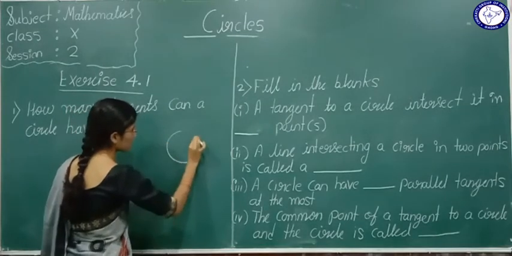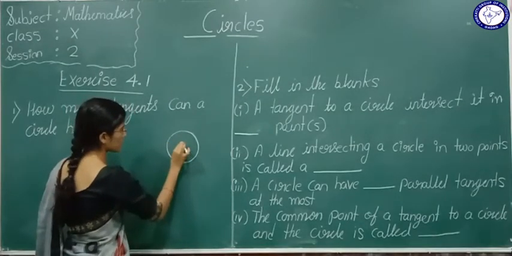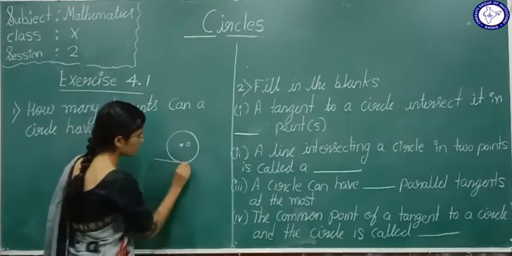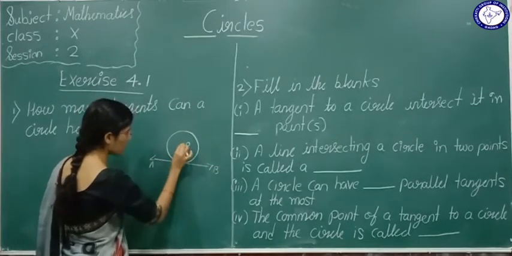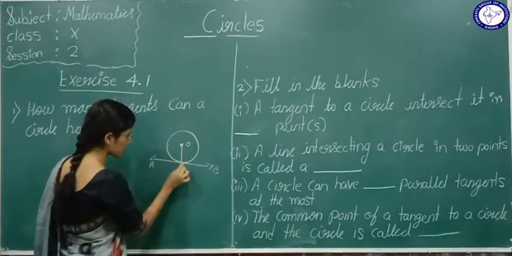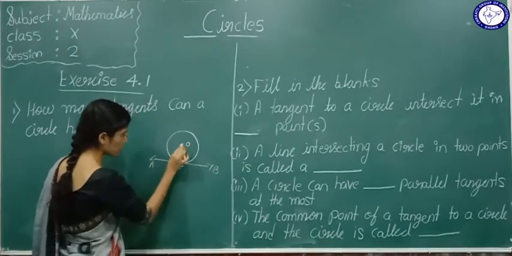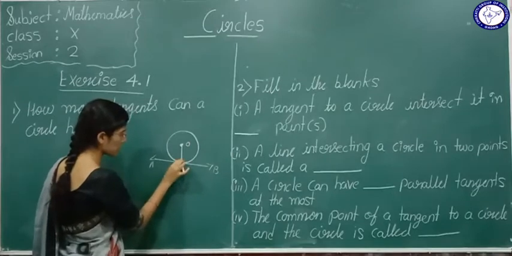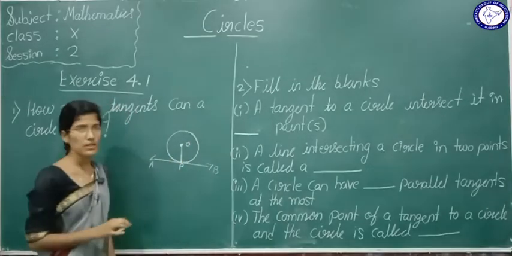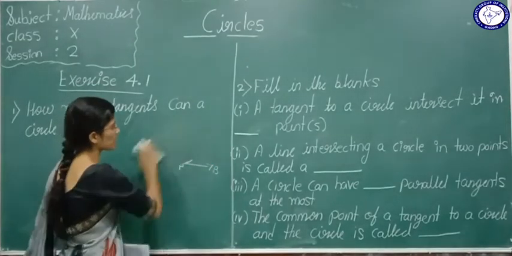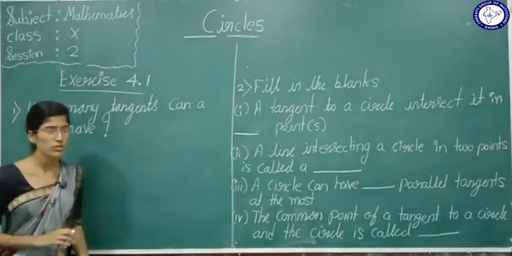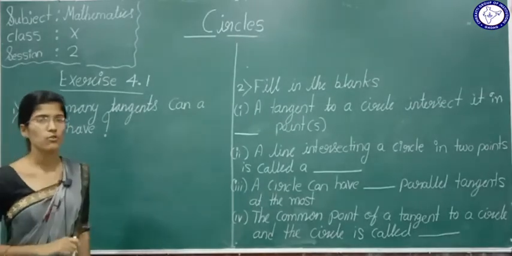This is a circle and this is the center of the circle, O. We took the tangent as AB. The perpendicular distance to the tangent at point P is OP, so OP is perpendicular to AB. Based on that, in today's class we are going to solve exercise 4.1.